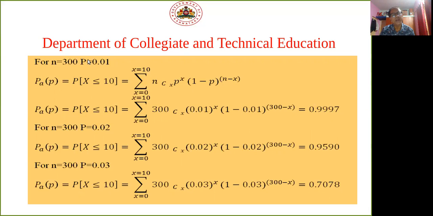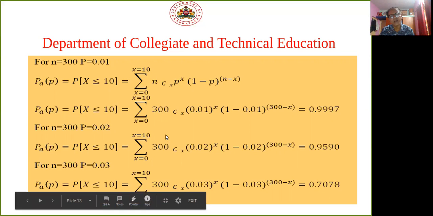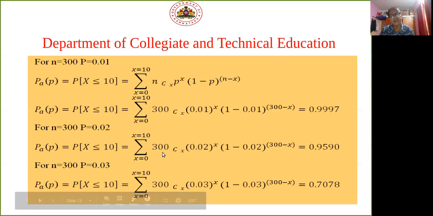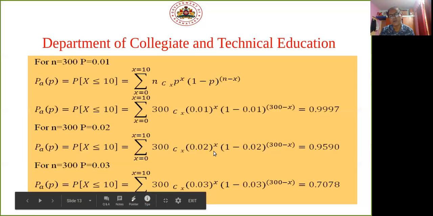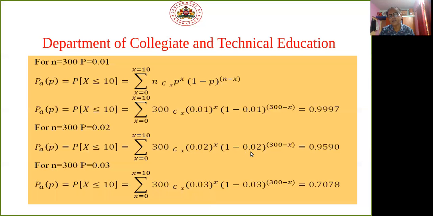Now p is varying from 0.01 to 0.02. Once again, taking the formula, x goes from 0 to 10, nCx 0.02 to the power of x into (1 minus 0.02) to the power of 300 minus x. We will get 0.9590.